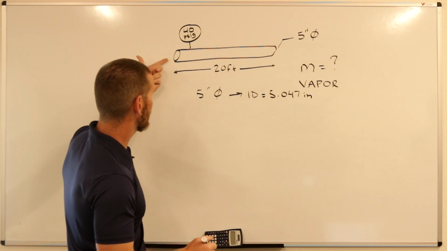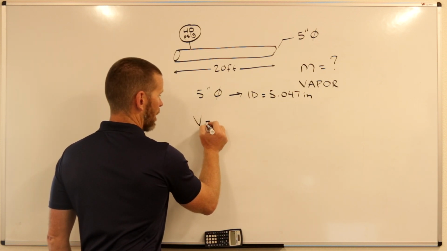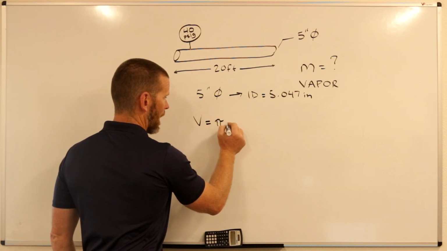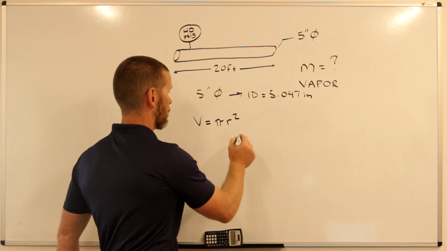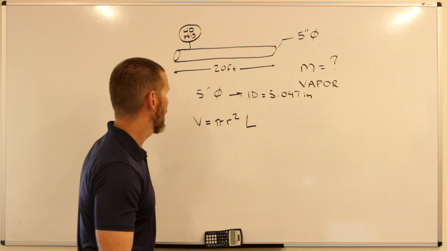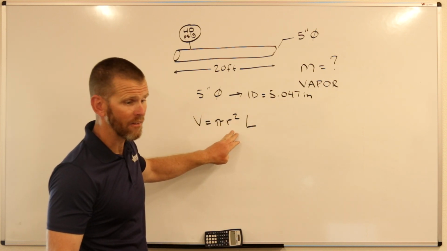So what's our equation for calculating the volume of a cylinder? Well, the volume of a cylinder is going to be the area of the circle, pi r squared, multiplied by its length. All right, so we know the diameter and radius is exactly 1/2 the diameter.